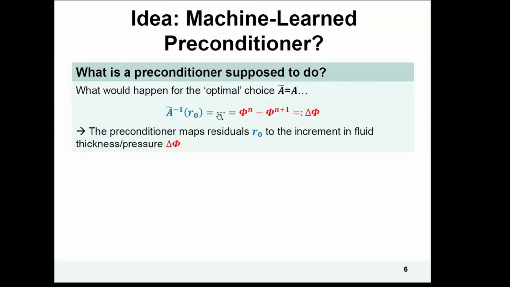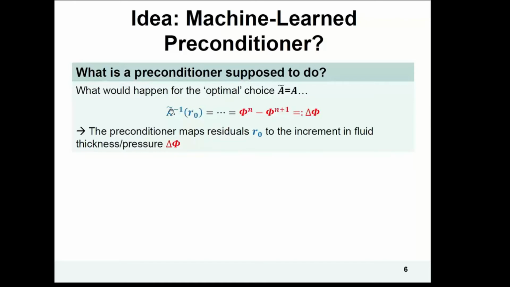So you can write down what a preconditioner is actually supposed to do if you think about the optimal choice of A tilde being the matrix A itself. Of course, in practical purposes, this would never work. But you can write down what it's actually doing.